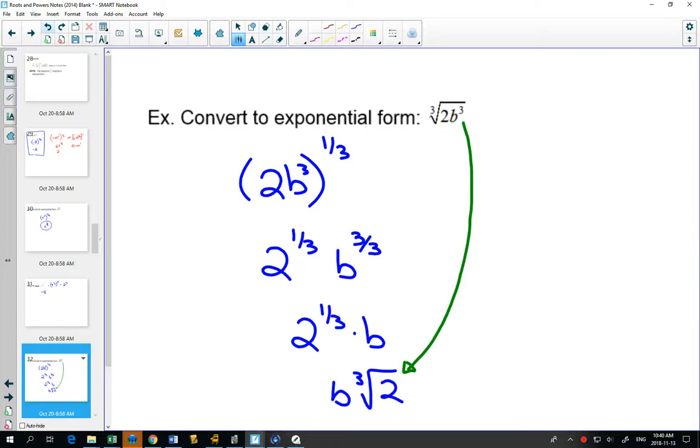Can you see that you could have taken a b out in front because it was cubed? And now our fractional exponents show us the same thing, which is cool. So much fun math.